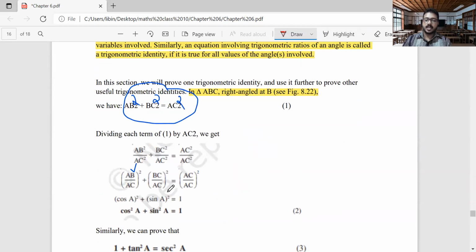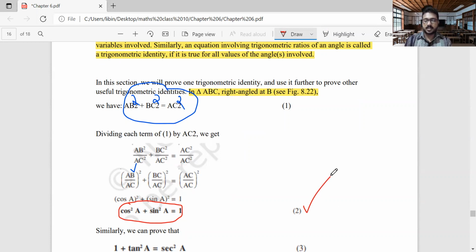And one more thing, AC by AC whole squared also. So we can write cos squared A plus sine squared A is equal to 1, and this is our first identity. We are calling it equation number 2. So this is our first identity.